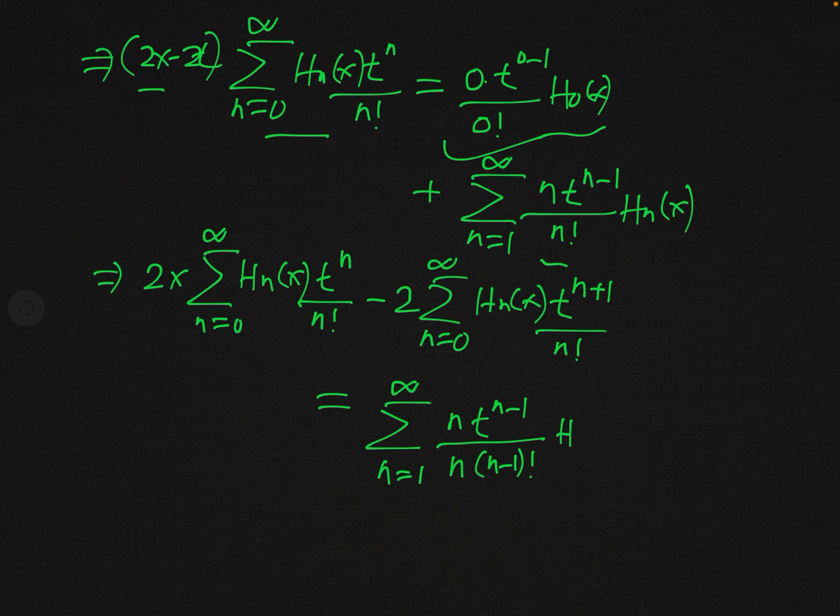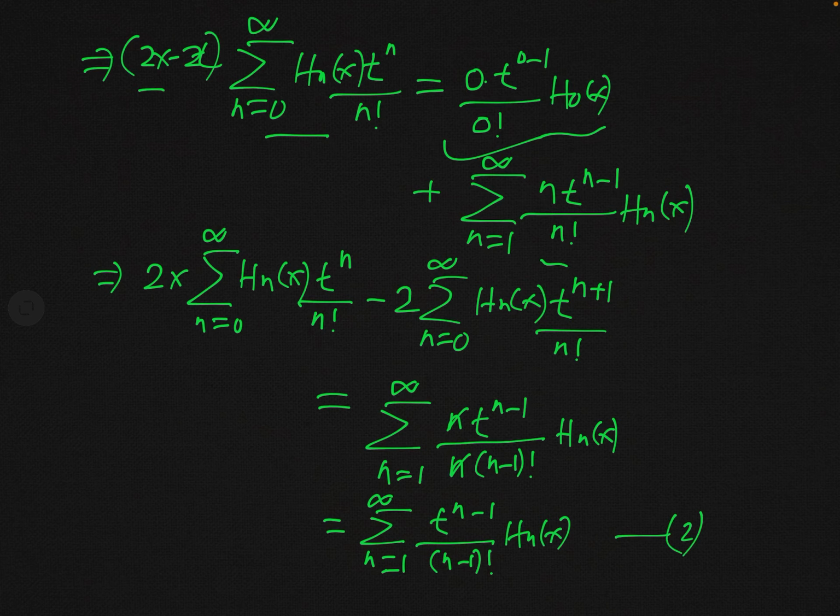So this n in numerator and this n in denominator will cancel out, and our result is summation n 1 to infinity t raised to the power n minus 1 over n minus 1 factorial hn of x. So this is, let us say, our equation 2.